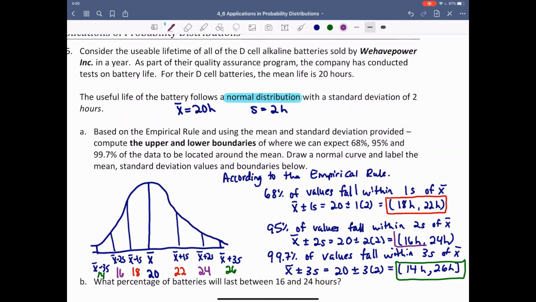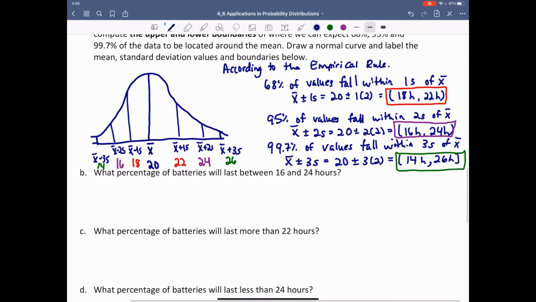That's identified in purple. So you can find any other particular values using your z-score table and identifying the probabilities using the table as well. Okay, so in the next part of the problem, we're still going to use the empirical rule.